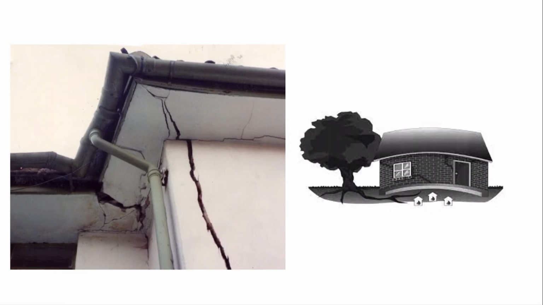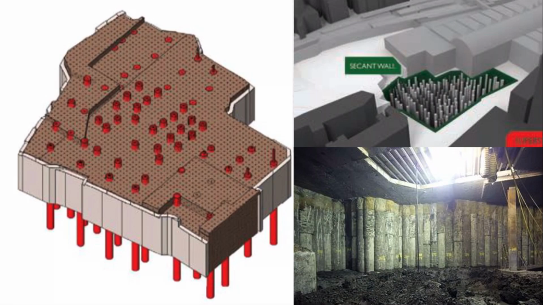Damage to buildings may occur when the volume change of the soil, due to shrinking or swelling, is unevenly distributed beneath the foundations. For preventing volume change of the soil, the Shard construction team used secant walls to cut off the vein of groundwater and prevent movement of the soil.